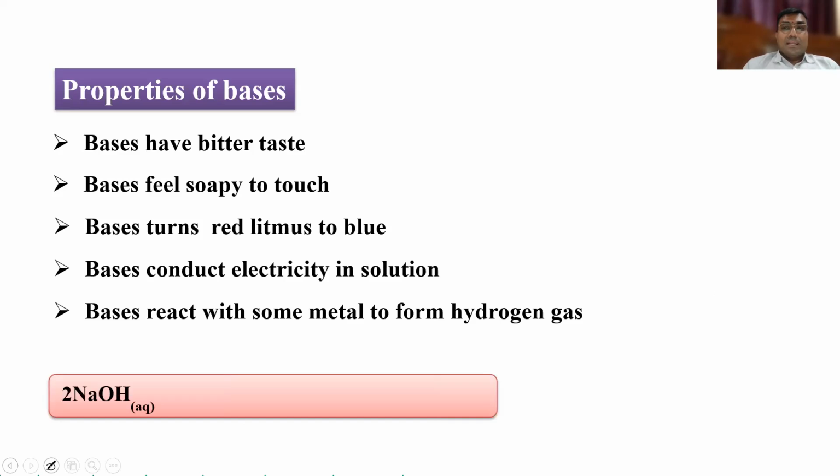For example, NaOH is a base. It reacts with the metal zinc and forms Na2ZnO2, sodium zincate. This is very important for exams; this question was asked in previous exams. I'll write it here. This is called sodium zincate.